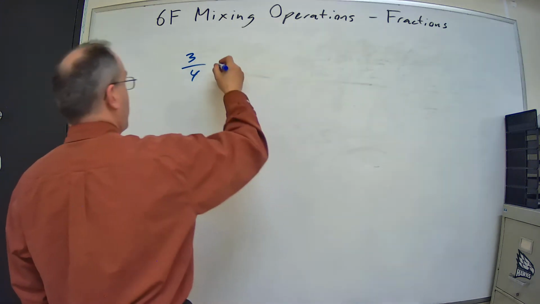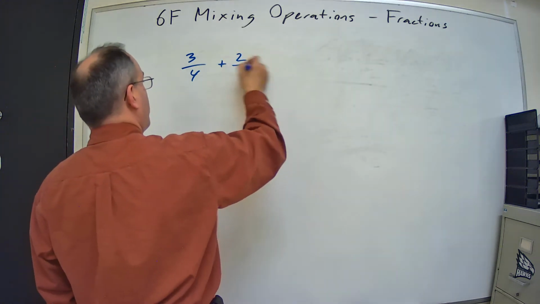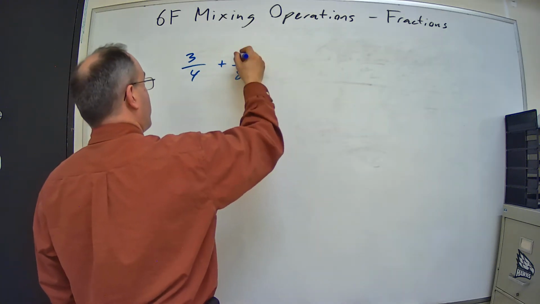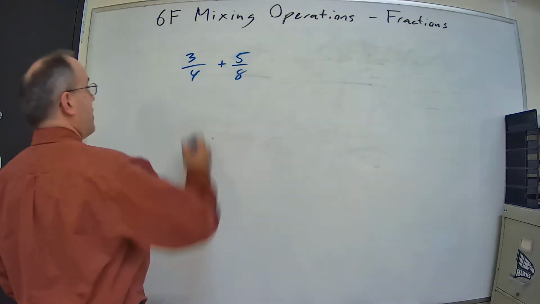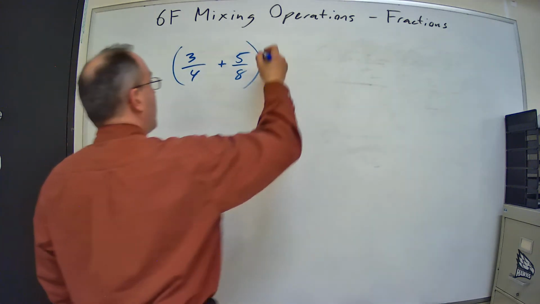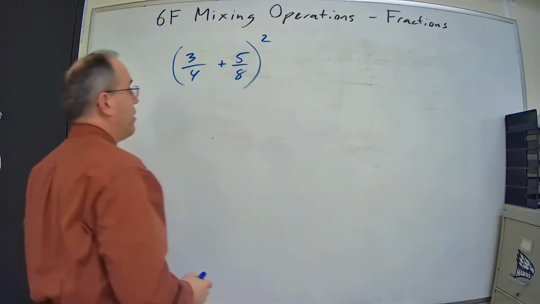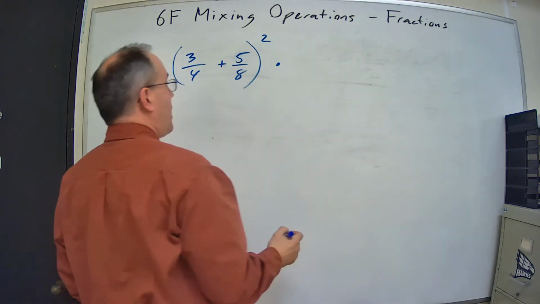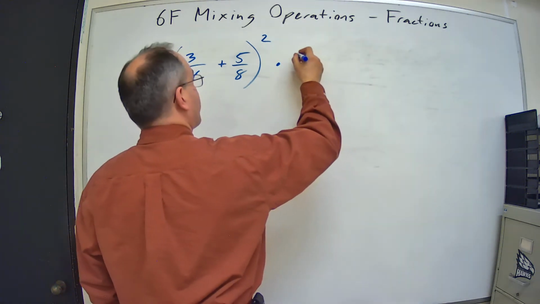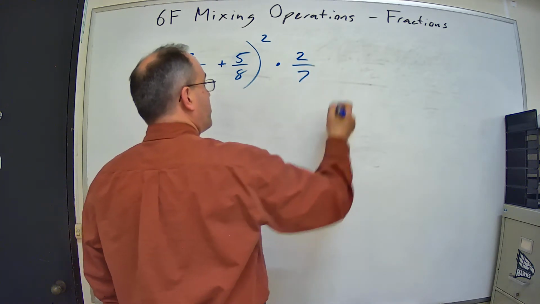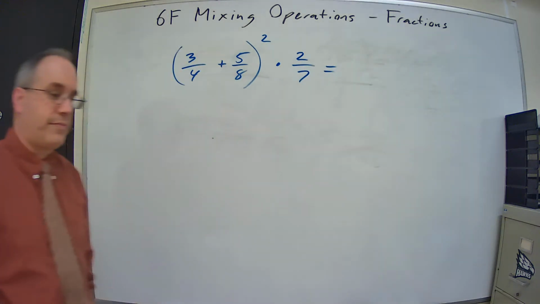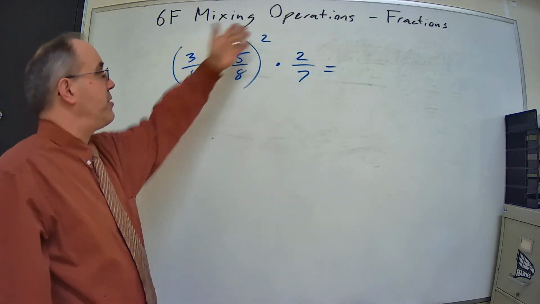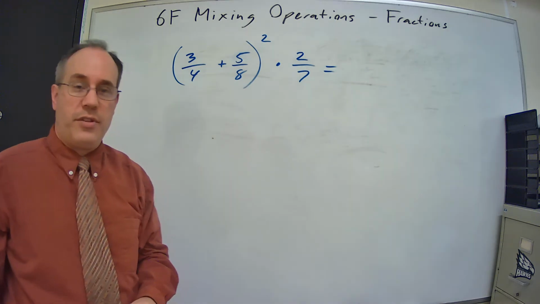Three fourths plus, actually, let's make that 5/8, plus 5/8 squared times 2/7. So 3/4 plus 5/8, all of that squared times 2/7.